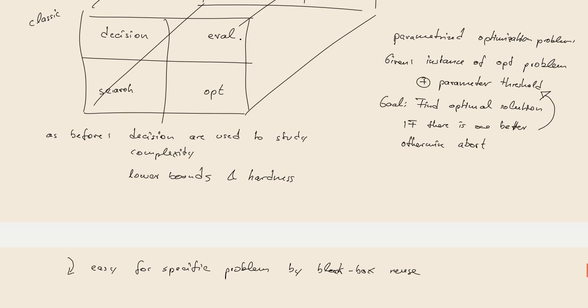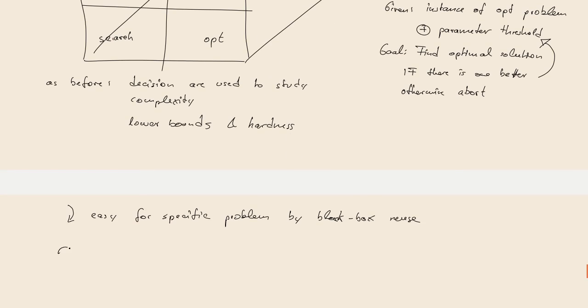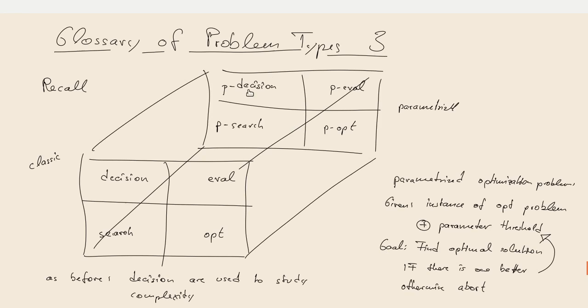So any algorithmic solutions for the top row essentially work for the bottom row. And for this direction, you can also use the same idea. You can also use some kind of binary search to find, by a certain number of threshold questions, the optimal value.